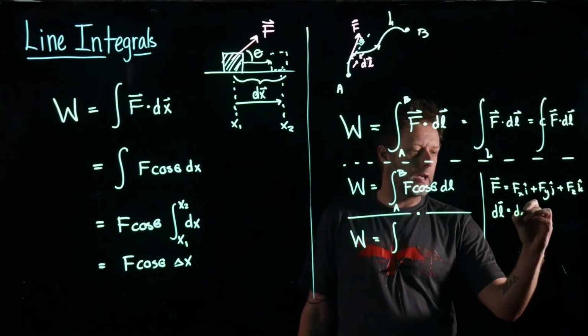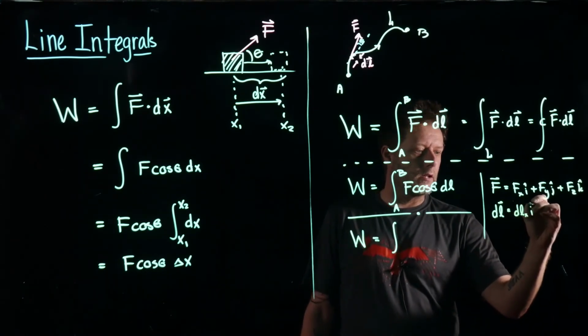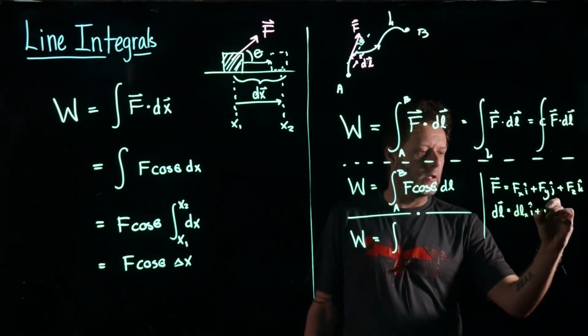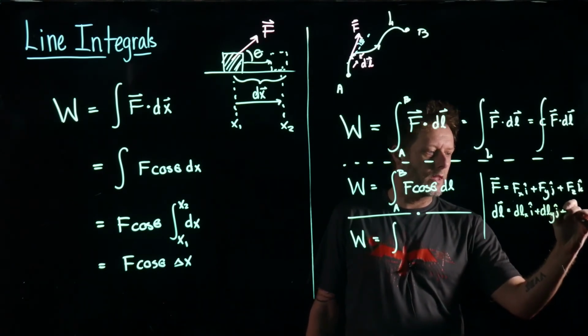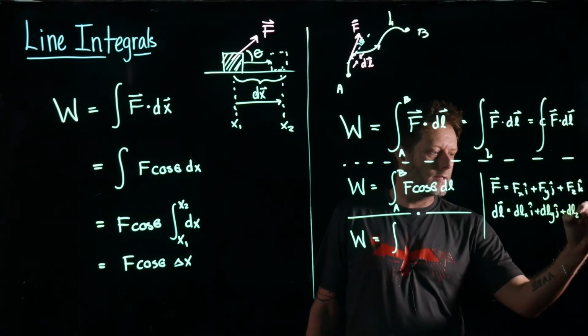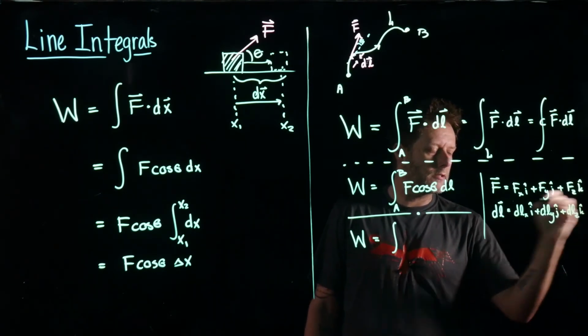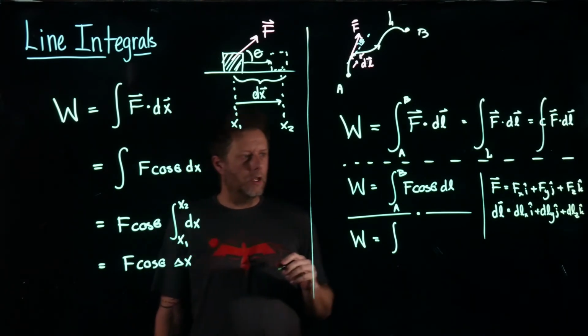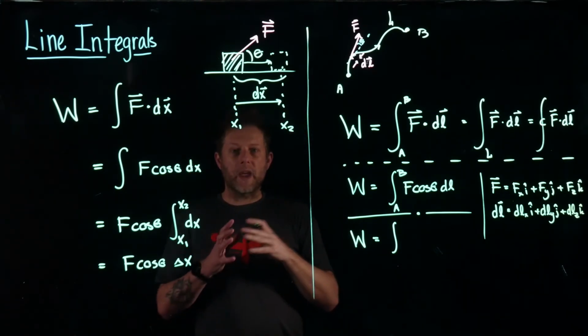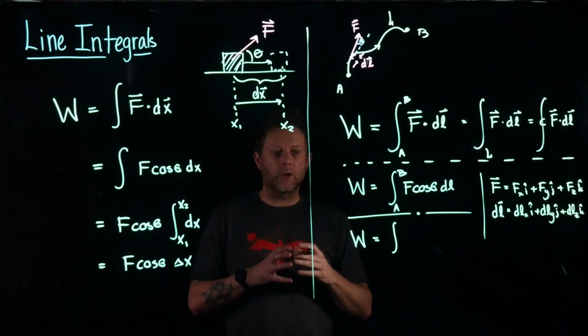Our dl vector, that little displacement vector we have, will also have components. We can call them dlx in the x direction and dly in the y direction and dlz in the z direction. When we take the dot product between these two vectors, it's the summation of the individual components multiplied together.